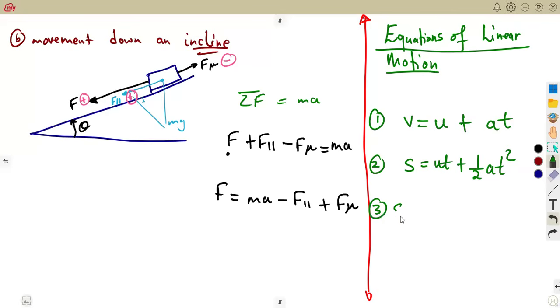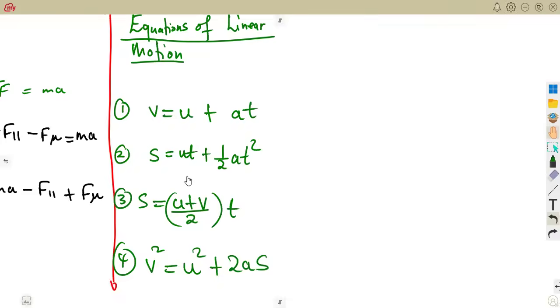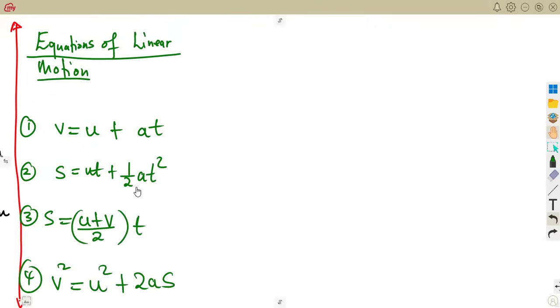Also, S is equal to (U plus V) over 2 times the time. And also, V squared is equal to U squared plus 2AS. So these are the ones, guys, that you had from your linear motion, and also the conversions on this part.